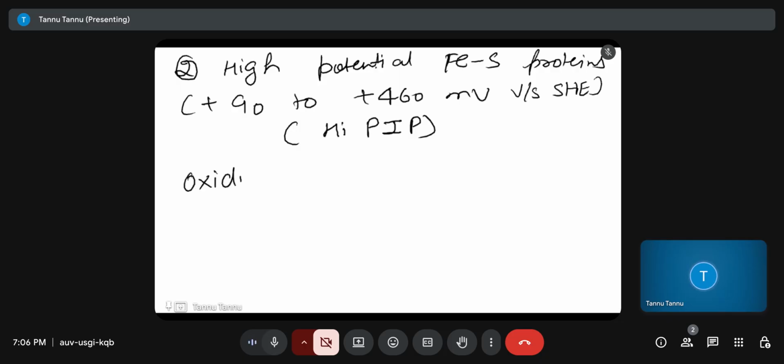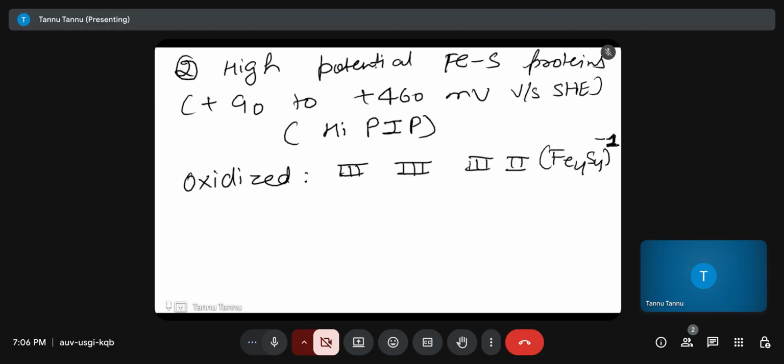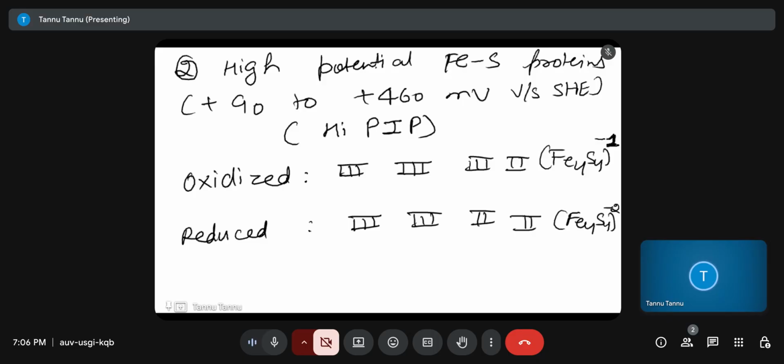In the oxidized state, it is present in 3, 3, 2, 2. The overall charge is minus 1. In reduced state, it is present in Fe4S4 minus 2, and this conversion is more favorable.